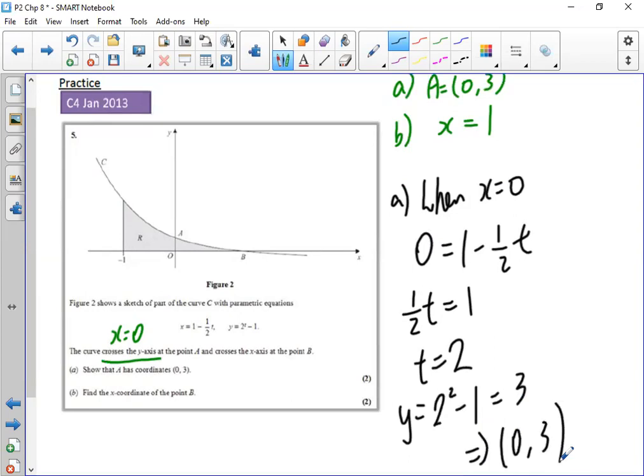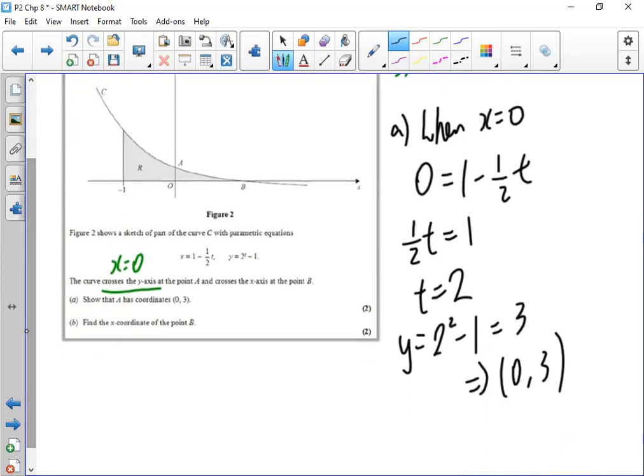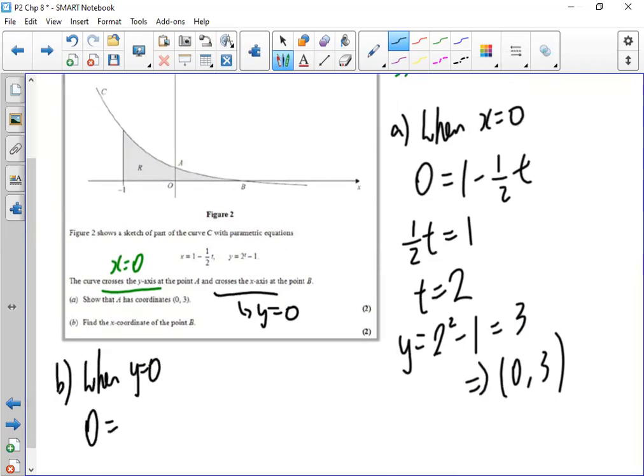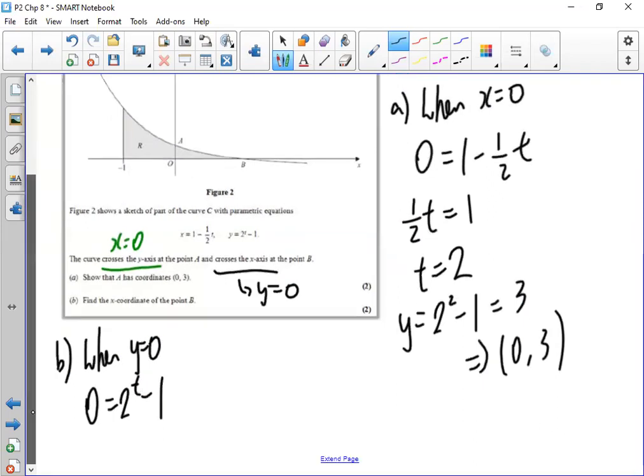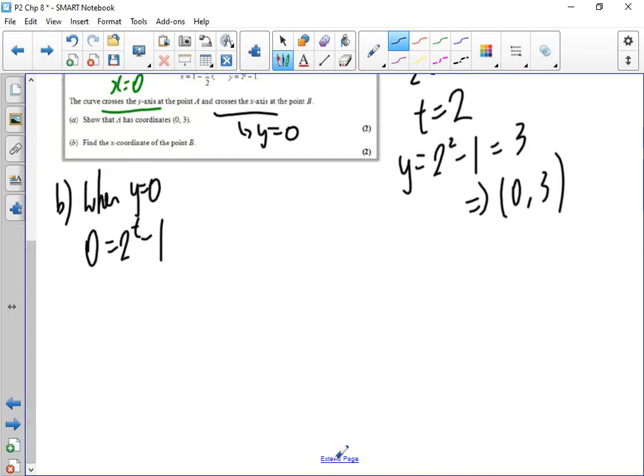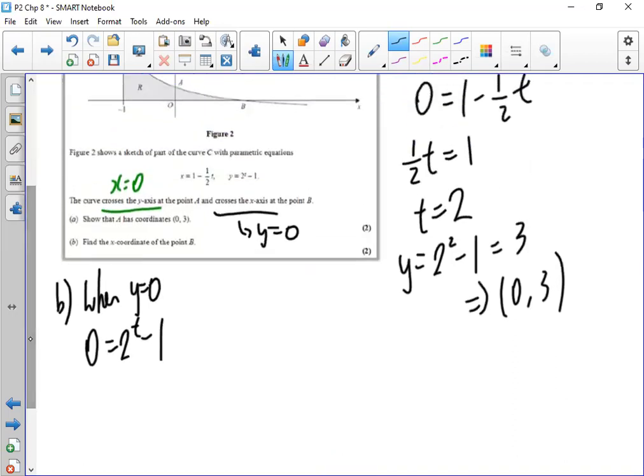Simple. Part B. Find the x coordinate of point B. We're told it crosses the x-axis, which means y equals 0. So we sub into the y equation: 0 equals 2 to the power of t minus 1. T is in the power, so I'm thinking about ln or e. Minus 1 becomes positive, so 1 equals 2 to the power of t.